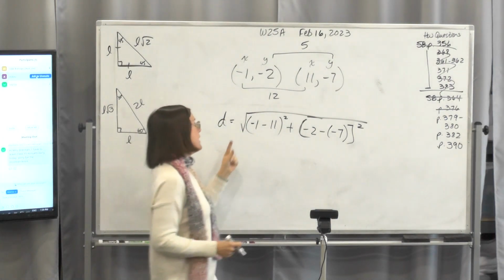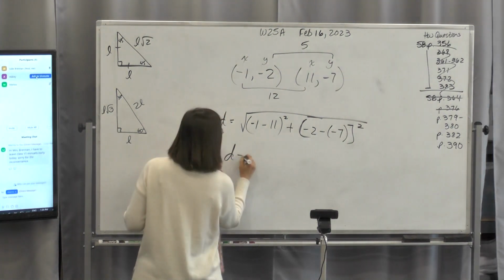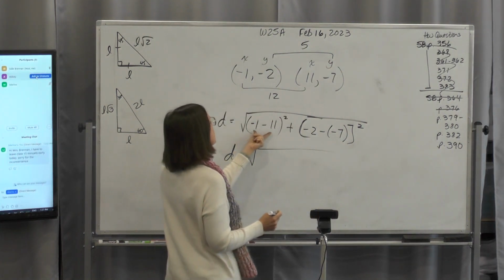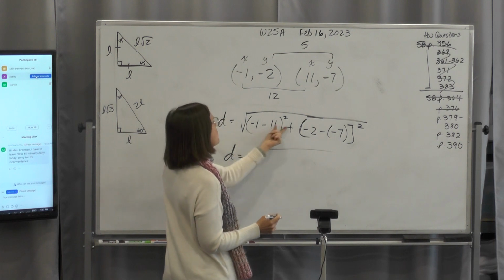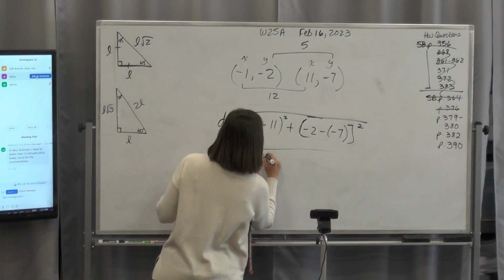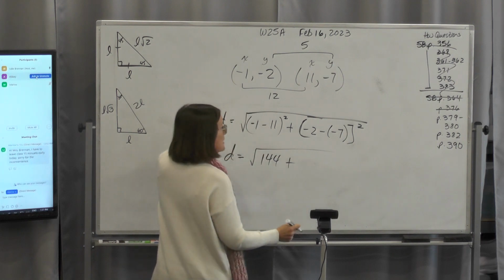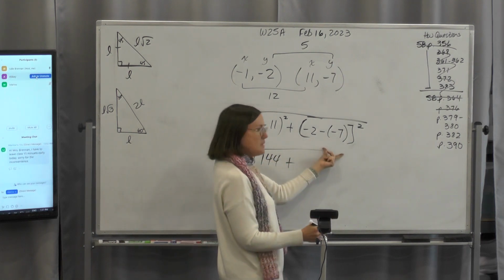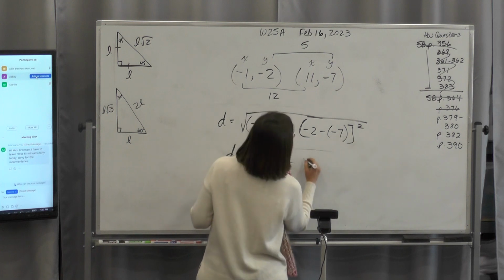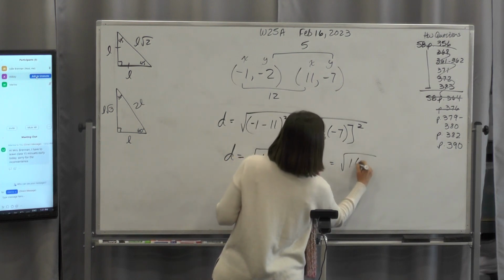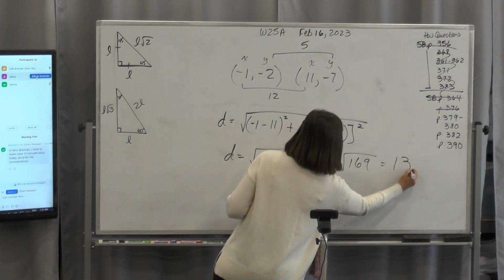There's a lot of work, and we make mistakes with negatives. So this would end up being -12 squared, I get 144, and I missed the fact I have triples. And this would be -2 plus 7, so this would be 5, and then I'd plug that through and get the square root of 169, and I'd get 13.